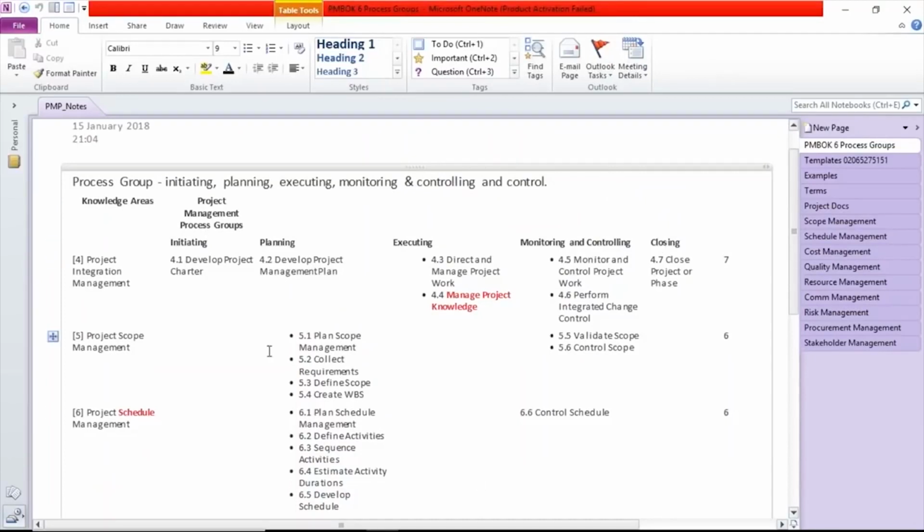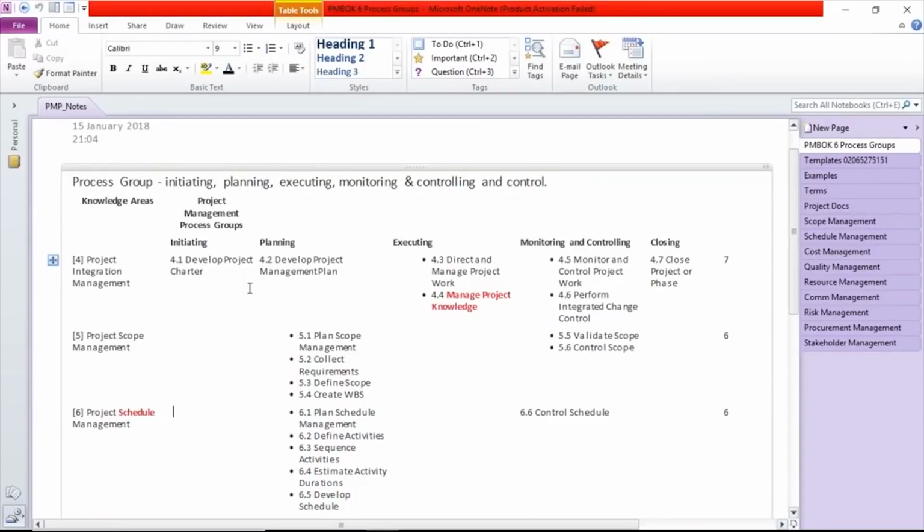And then there are these 49 processes. To give you one example, project integration management cuts across all the process groups, because when it comes to integration, we are integrating the activities, or the processes, that we are performing as a part of these various process groups.